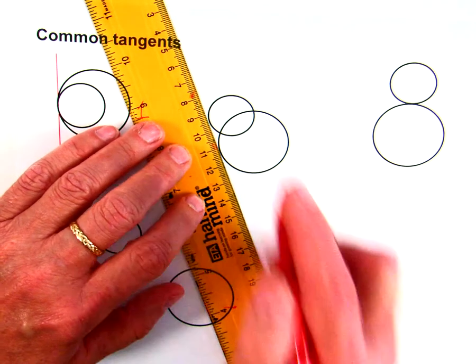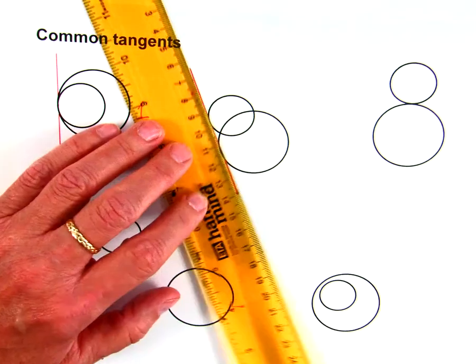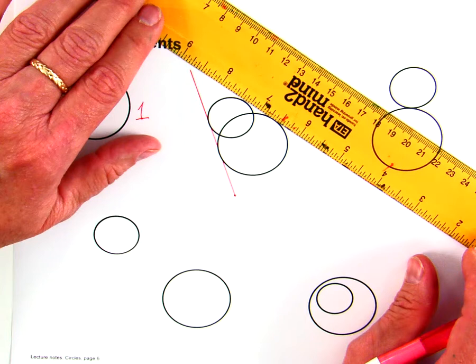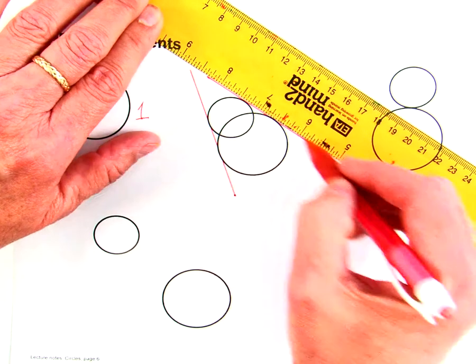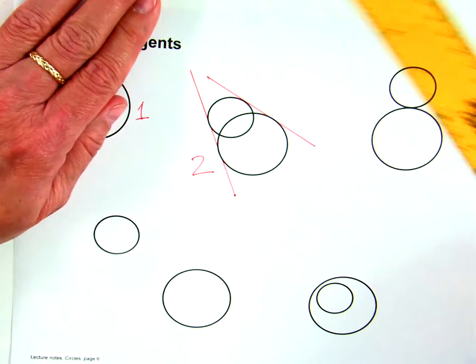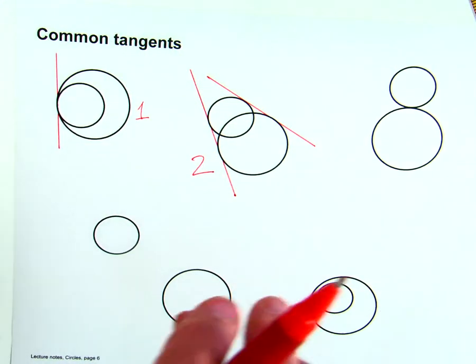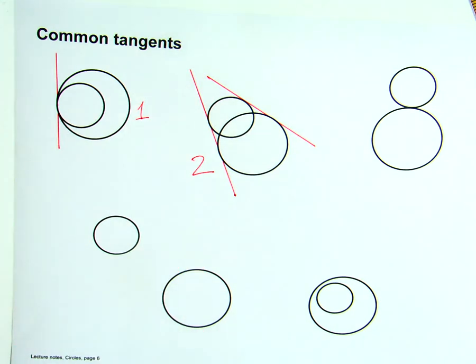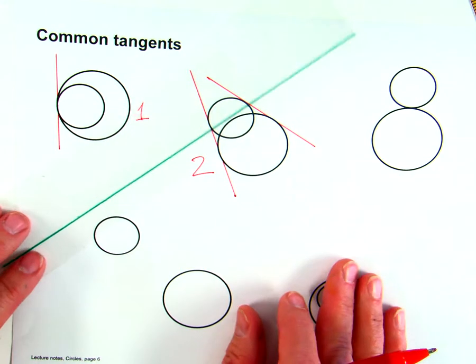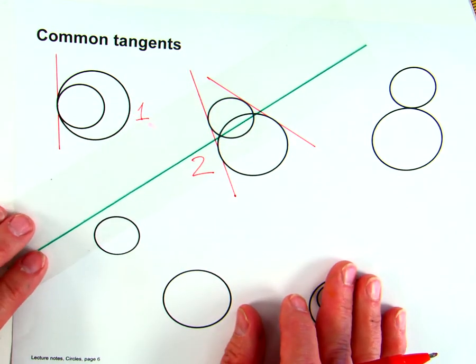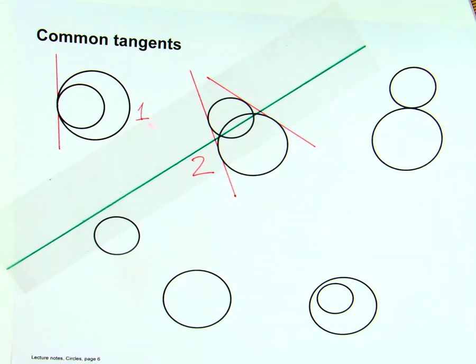They are external. They'd have to be because you can't get between them. So there are the two common tangents for this circle. Notice if you try to draw another one in here, like this, that it passes through both of the circles twice. It's not a tangent, it's a secant to both of them, so it doesn't count.